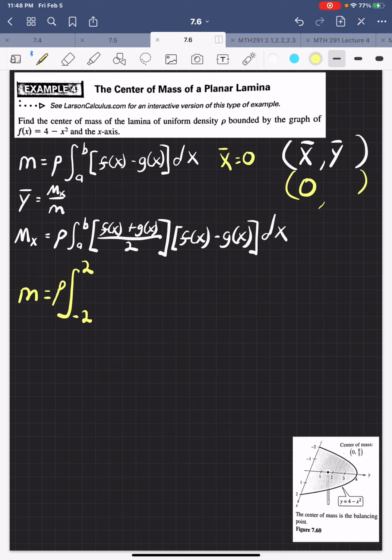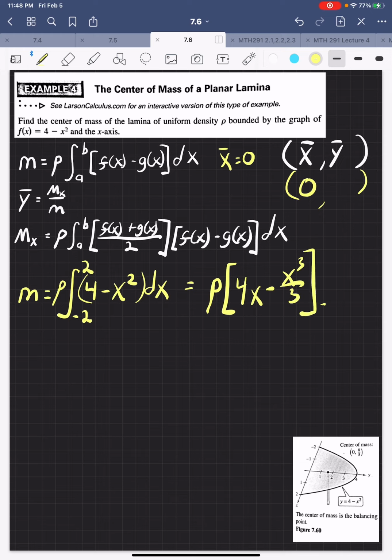Well, we're just integrating the function 4 minus x squared with respect to x. So this is an easy integral. So that's just 4x minus x cubed over 3, from -2 to 2.